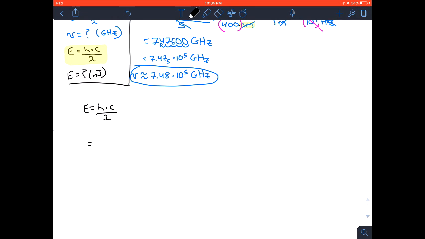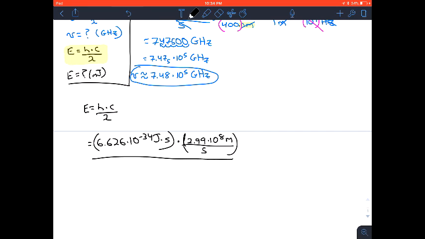So now we have Planck's constant, 6.626 times 10 to the negative 34th joules times seconds, times this by the speed of light, which is 2.99 times 10 to the 8th meters per second. All of this divided by 400 nanometers.